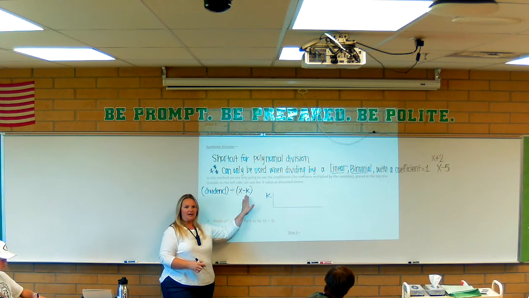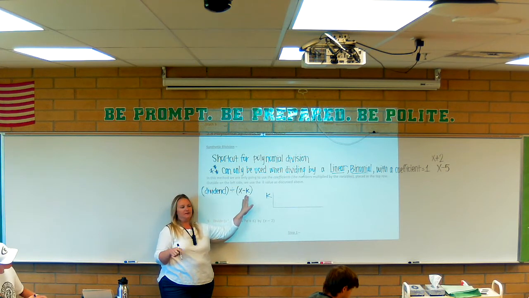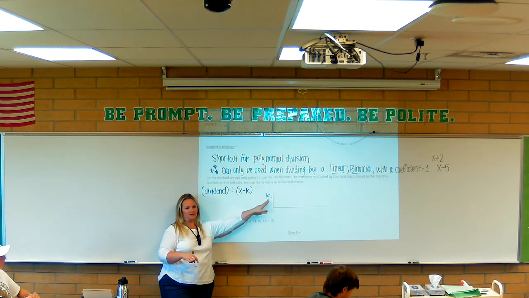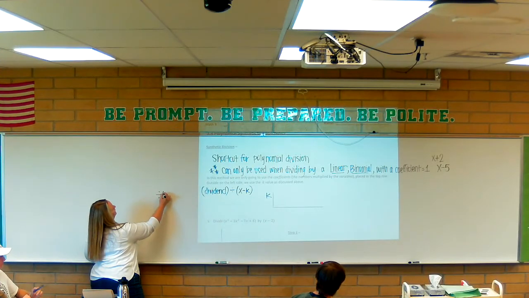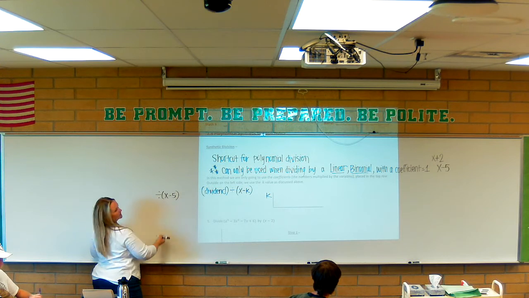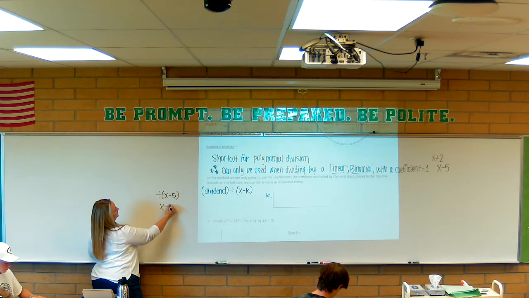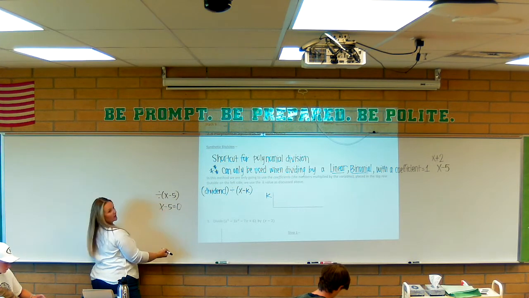If I'm dividing by x minus k, then I put positive k. If I'm dividing by x plus k, what do you think I put here? Negative k. You change the sign. It's what we call the zero of the divisor. Let's say we were trying to divide by x minus 5. The zero of x minus 5 is what?